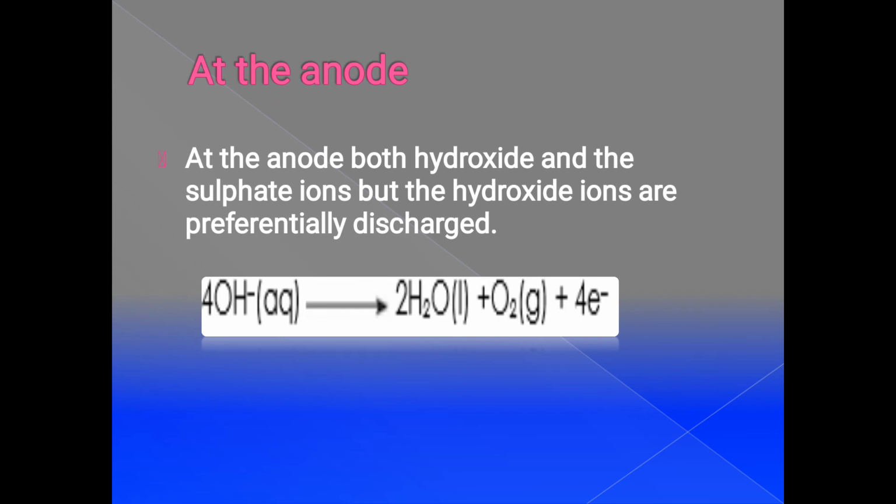At the anode, both hydroxide and sulfate ions migrate to the anode. But in this case, the hydroxide ions are the ones that are preferentially discharged. That means that the sulfate ions are not discharged, to give us water, oxygen, and a few electrons. That is 4 electrons according to this equation.